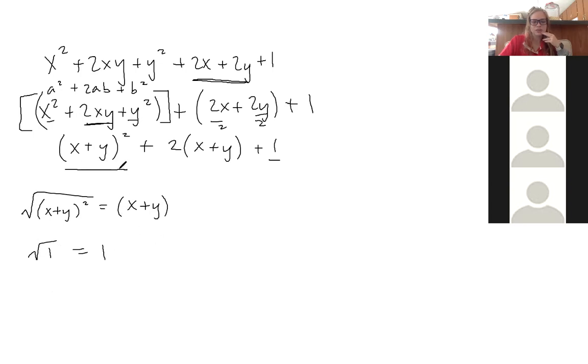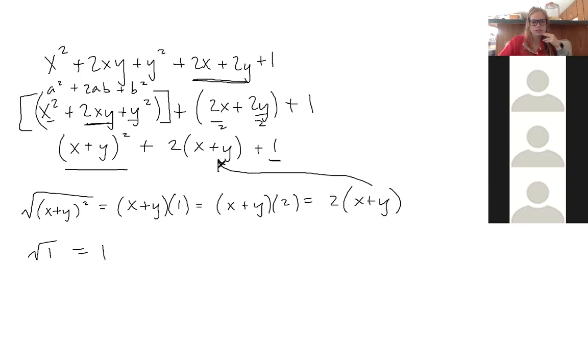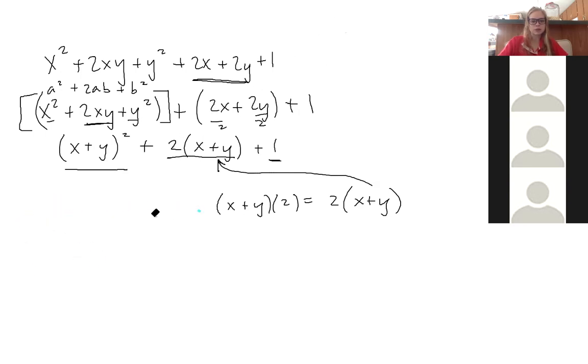So if you can take the square root of this and take the square root of this, if they're perfect squares, then you can multiply these together. So x plus y times 1, that's just x plus y. Multiply that by 2, that's 2 times x plus y. If that is your middle term, then this is a perfect square trinomial. And you can factor it just like we did the previous one, x squared plus 2xy plus y squared.